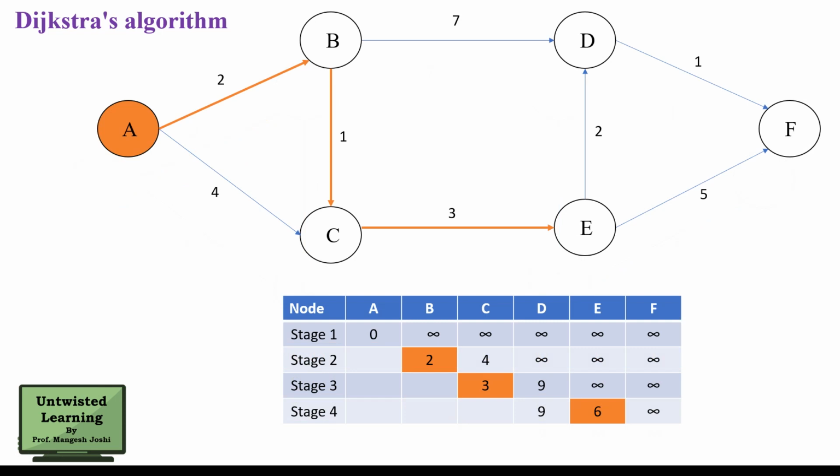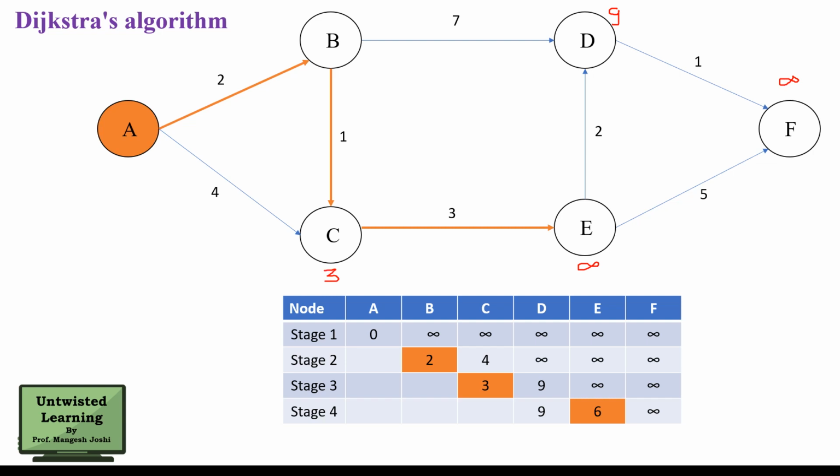In the next iteration we have seen that now BC is fixed, so the new path emerging from C will now get updated. Here it was infinity earlier, here it was 9 earlier, here it was infinity earlier, and here it was 3.